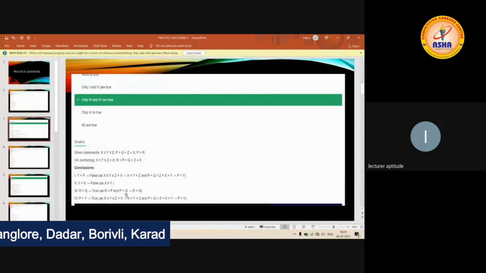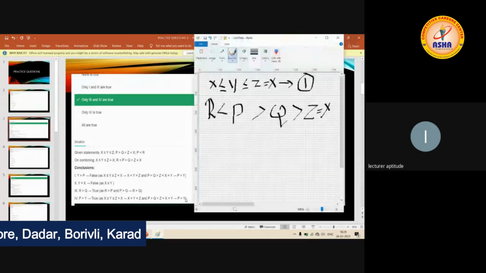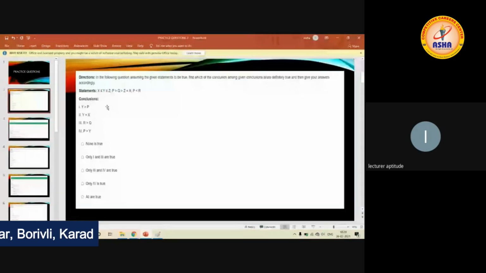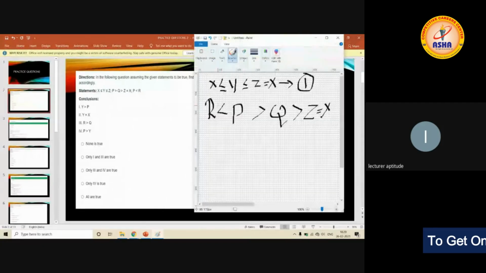From the first statement itself, we can see that R is greater than Q, right? Sorry, what I wrote is wrong.